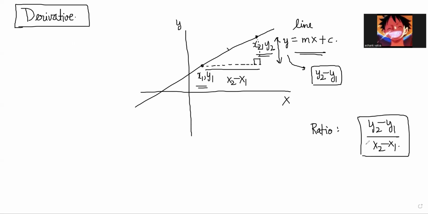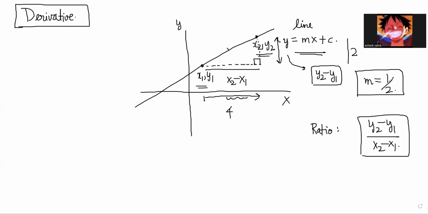So it tells how fast the line is rising up when you increase your x. For example, if x2 minus x1 was 4 and y went up by 2, then the slope m is half. When you increase the x values by 4, if the y values went up by 2, the slope is half.